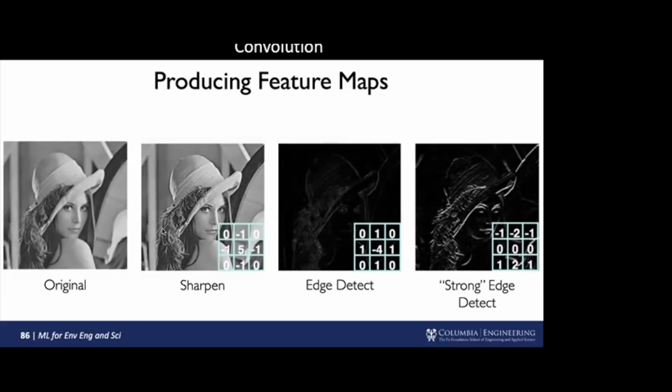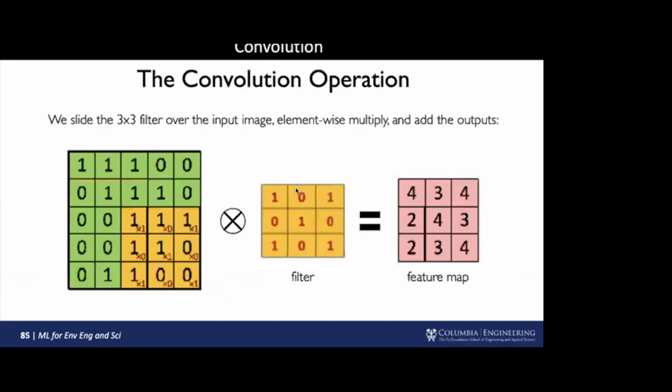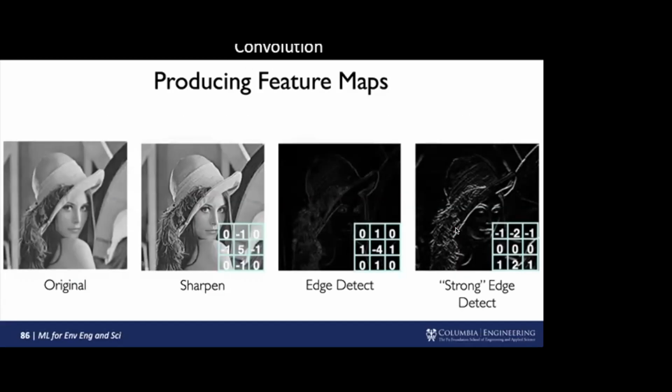The result is called a sharpened image, and this is what is shown here. Yes, that's exactly what you did previously. You have a filter, for example this sharpening filter. We apply this to the original image, and we get this image, which is called sharpen. And here are the edge detection and strong edge detection filters.